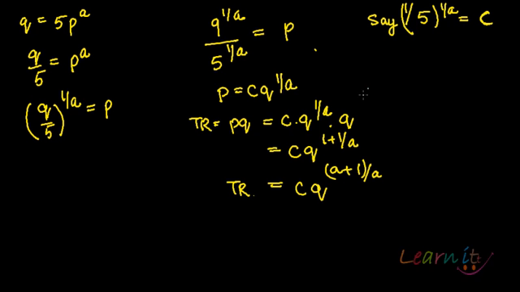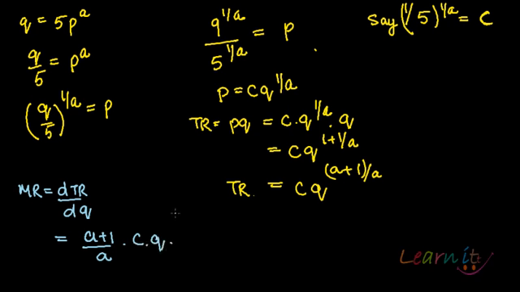Now, in case I want to find out the marginal revenue function, this will be dTR by dq. So that would be a plus 1 by a into c into q to the power a plus 1 by a minus 1.